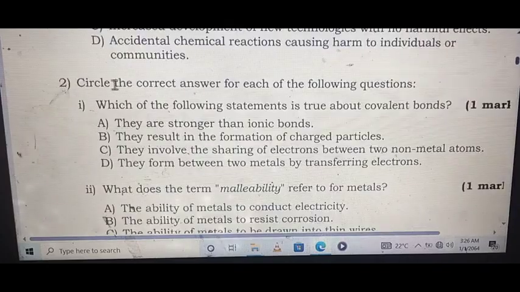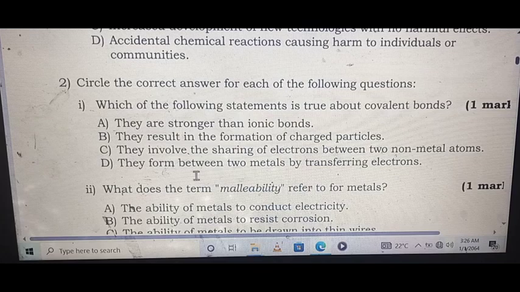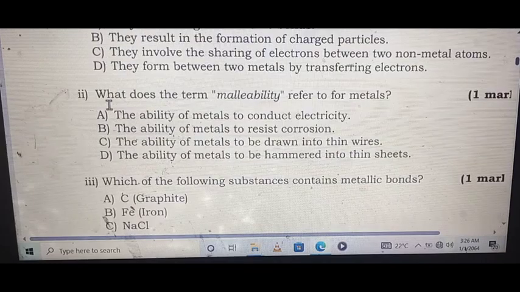Question 2. Circle the correct answer for each of the following questions. 1. Which of the following statements is true about covalent bonds? The correct answer is letter C. They involve the sharing of electrons between two non-metal atoms. 2.